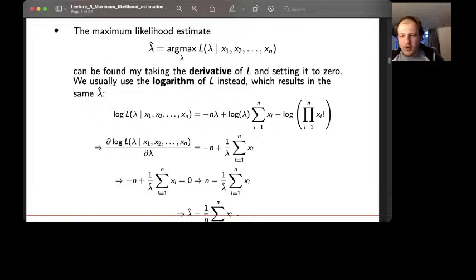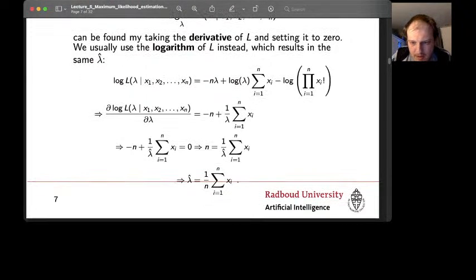Would that help you more to just go over the whole process with one example? Okay.